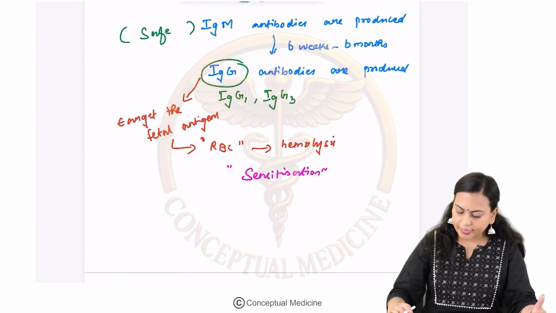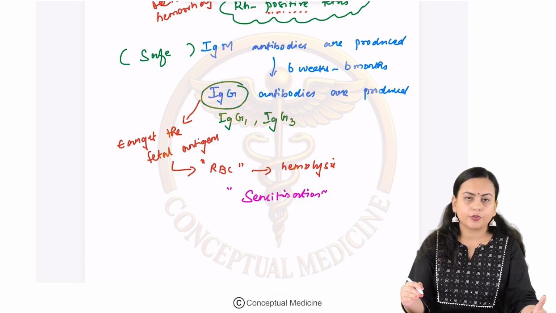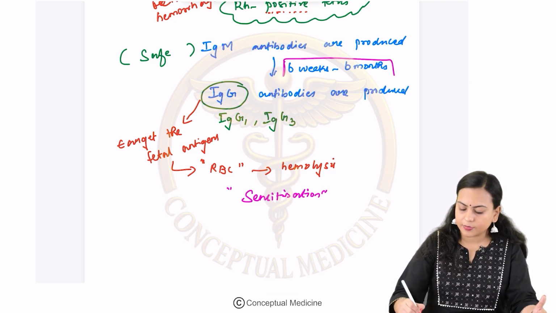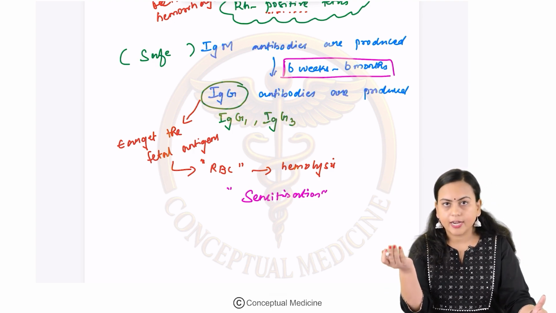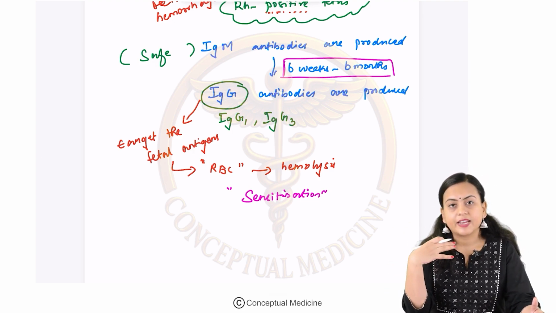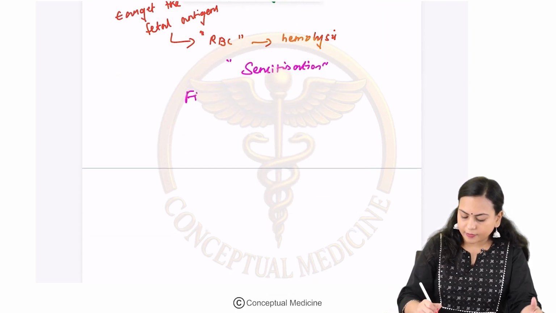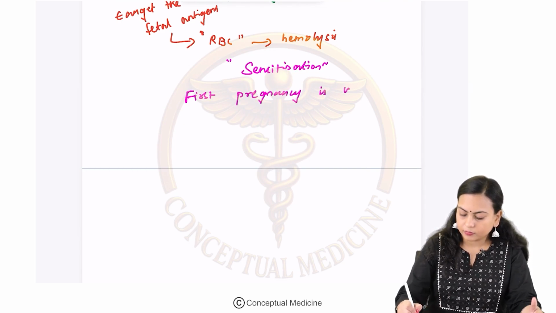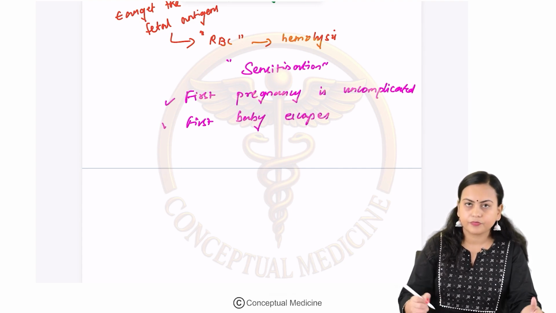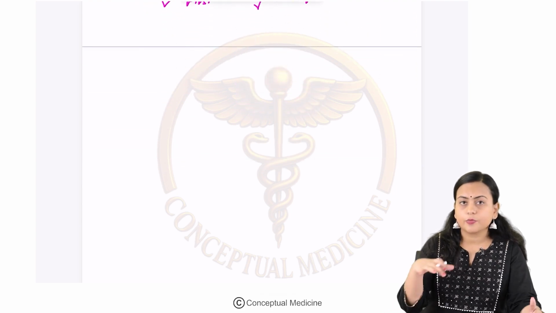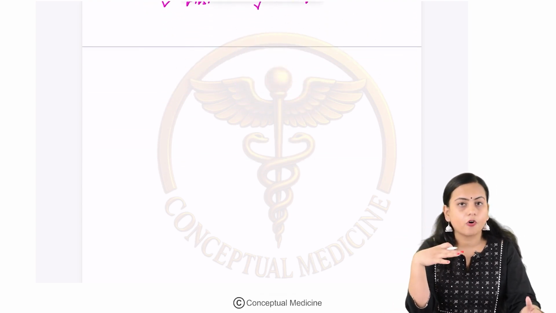By that time, IgM antibodies are produced, and it takes 6 weeks to 6 months for IgG antibodies to get produced. The mother would have delivered the first baby. So most of the time the first pregnancy is uncomplicated, or the first baby escapes the sequelae. Now, these antibodies are going to survive in the mother for a longer time.